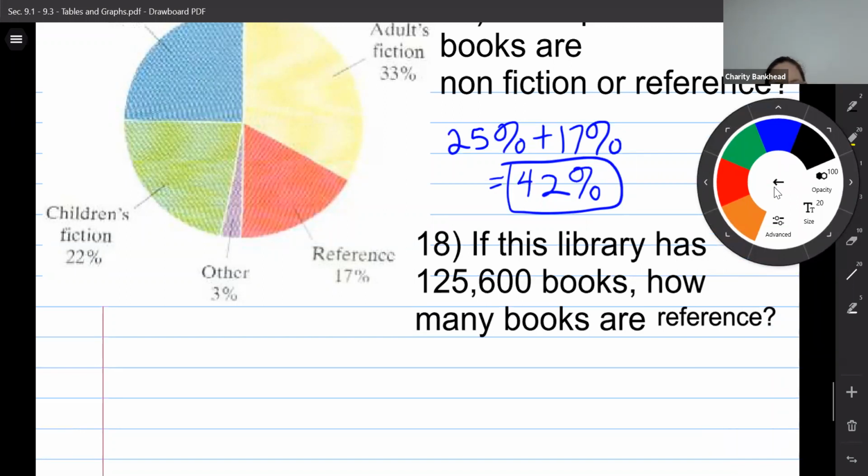All right, and if this library has 125,600 books, how many books are reference? So we would have to multiply 125,600 by 0.17.